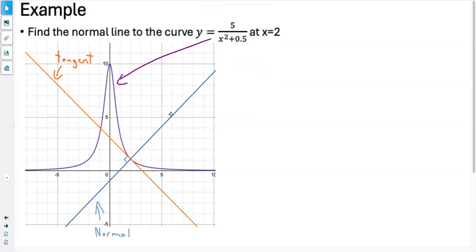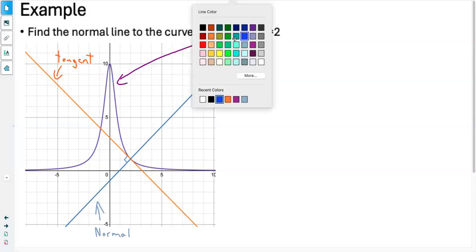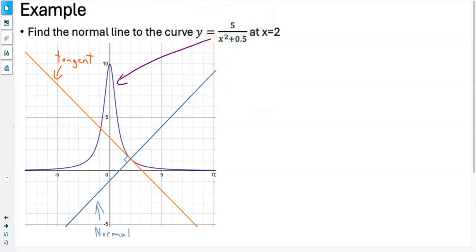Now we want to find the normal line to this curve at x equals 2. So first thing I would do is find the slope of our tangent line because the slope of our normal line is the negative reciprocal of our slope of our tangent.